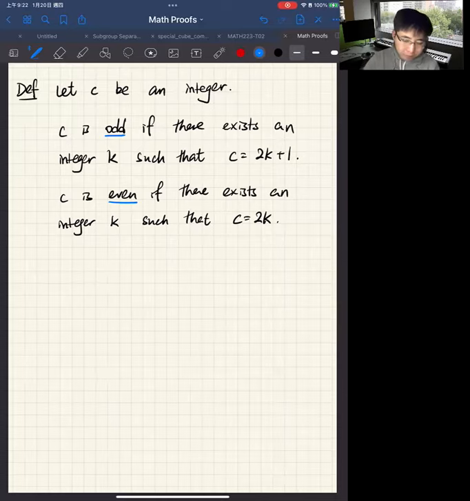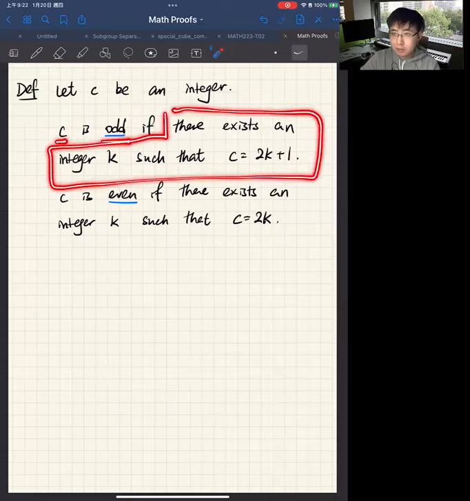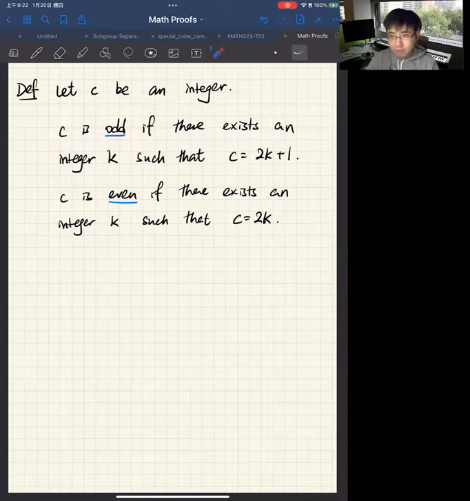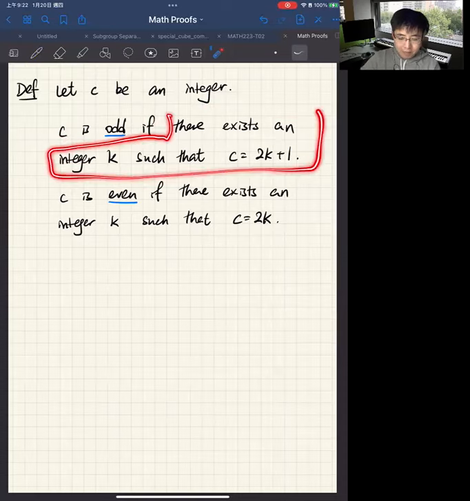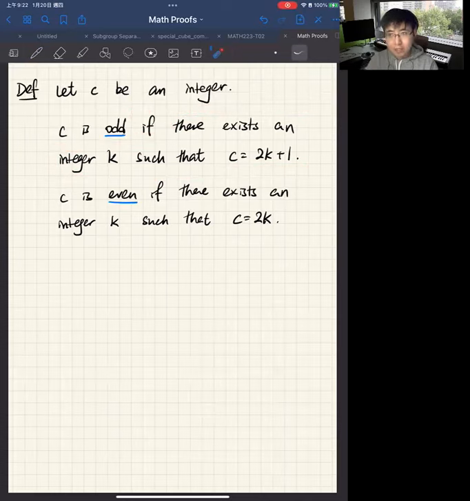Here, the "if" means that we call c odd if the following thing happens. This "if" is not an implication. It's not "if this happens, then c is odd"; rather, this is a defining statement.